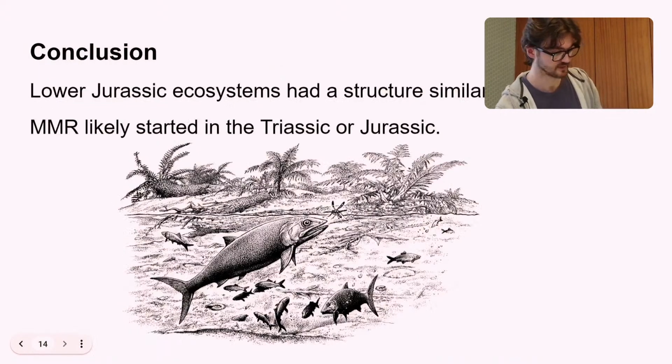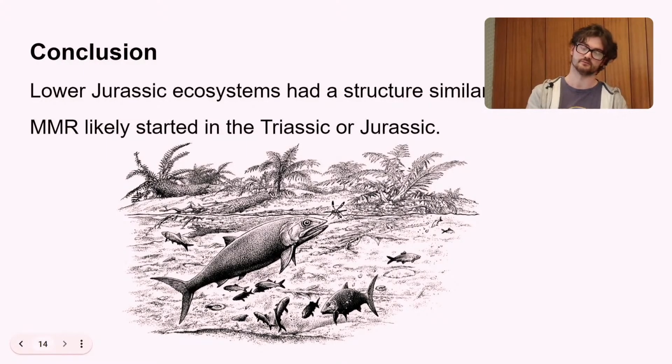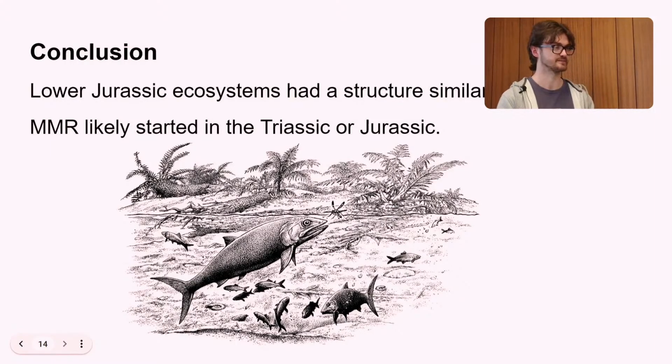So in conclusion to that, I believe that the lower Jurassic ecosystems had a similar structure to the modern based on when you had very restrictive size rules, and therefore the MMR was likely to have started in the Triassic or Jurassic. Obviously, there are a lot of caveats with this.